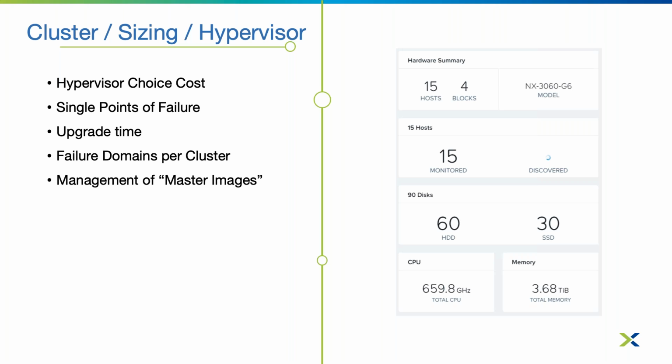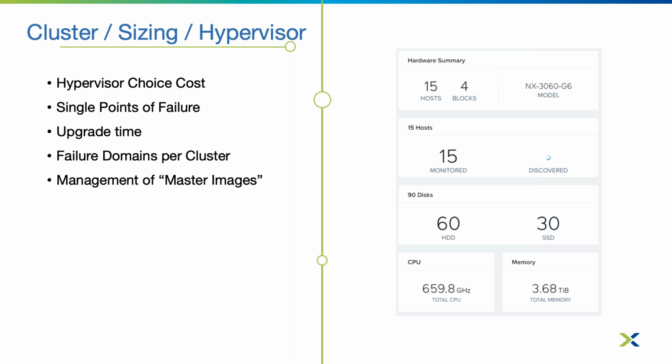Around the sizing, you've got to consider the upgrade time, which sounds like kind of a trivial thing because of the way that you normally would upgrade hypervisors. Whereas with Nutanix, it's a single click upgrade. You literally click go, and then it rolls through all of your nodes in your cluster and upgrades them one by one.